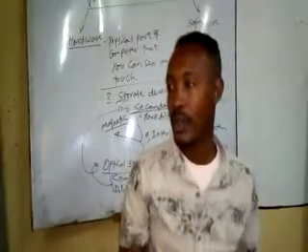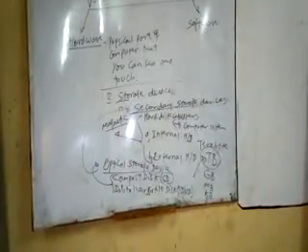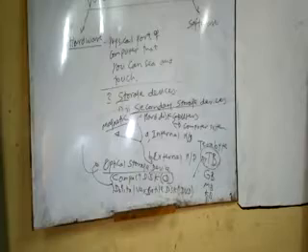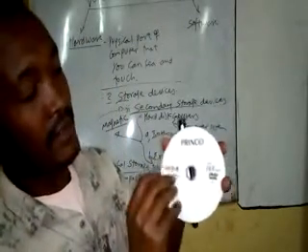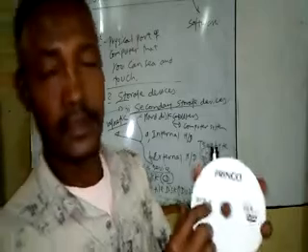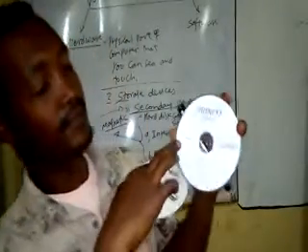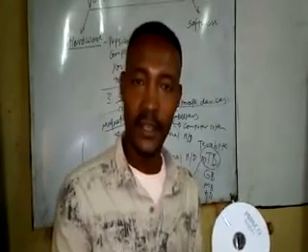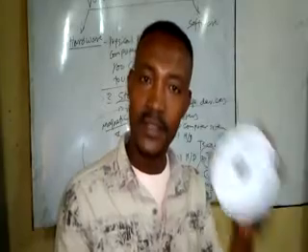There is also another one, DVD. This is DVD, DVD-R, DVD recordable. This is DVD and this is CD. What is the difference? Their capacity. This DVD can hold approximately 6 CDs of information.